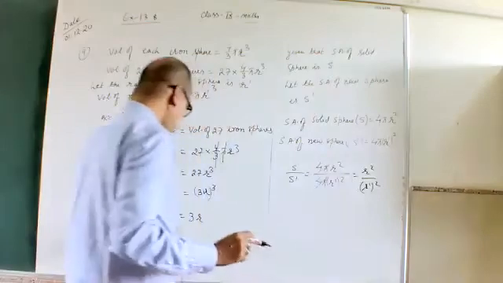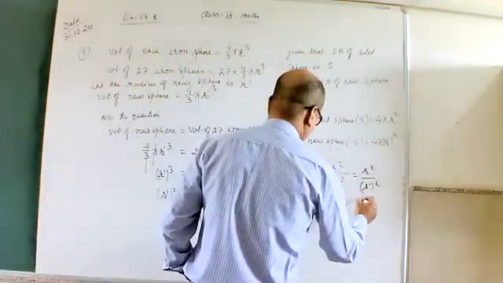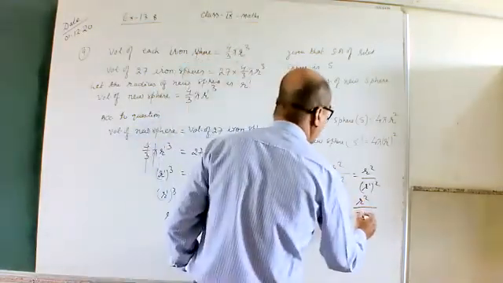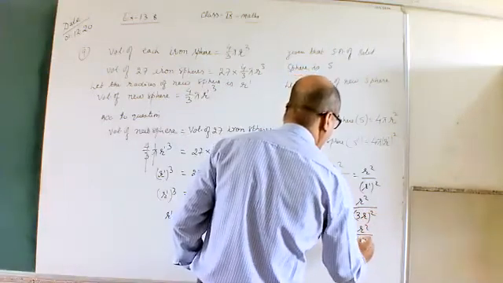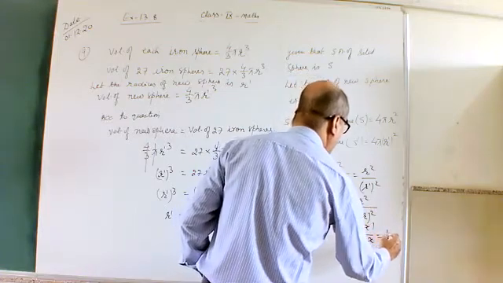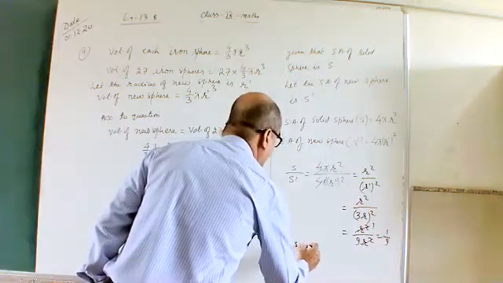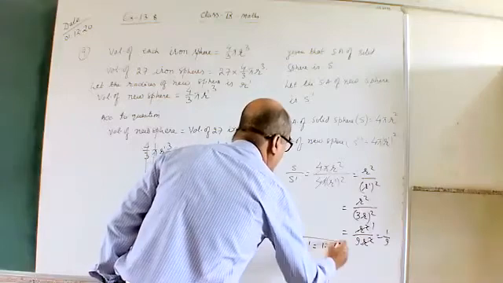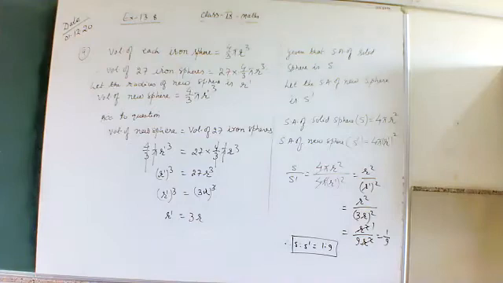But as you know that r dash is equal to 3r, we can substitute here. r square will remain as it is, and r dash is 3r, so 3r square. So r square upon 9r square. r square cancels, that will be equal to 1 by 9. Therefore S is to S dash is equal to 1 is to 9. This is the ratio between the surface area of the solid sphere and the surface area of the new sphere.